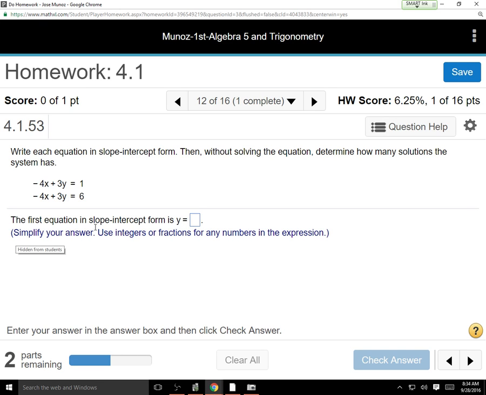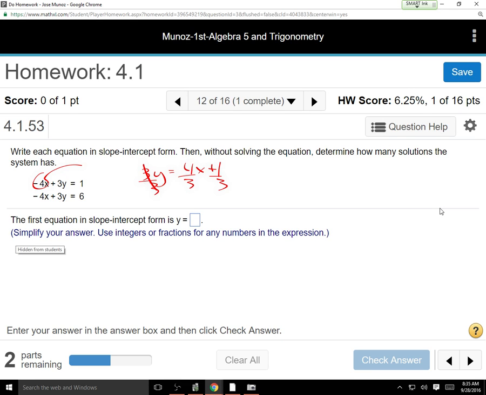The first equation in slope-intercept form, so what they want you to do is move them, change them around. So I can actually do this here. I'm going to kick that 4x over. That becomes 3y is equal to 4x plus 1. Divide by 3, divide by 3, divide by 3. So, like negative 4x or 4x? Well, it was negative here, and when you move it, it becomes a positive.